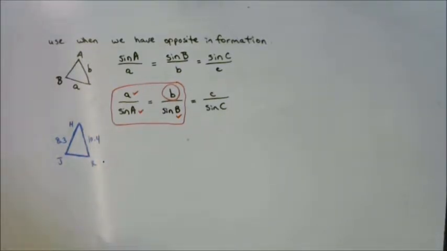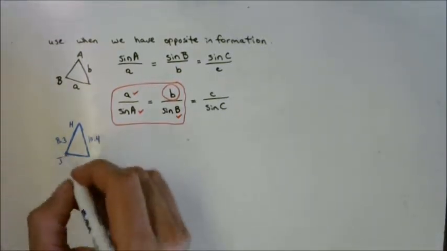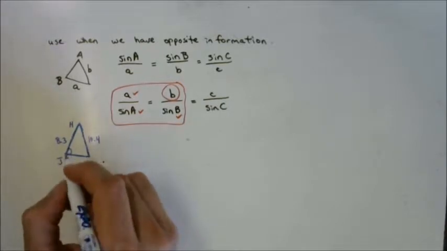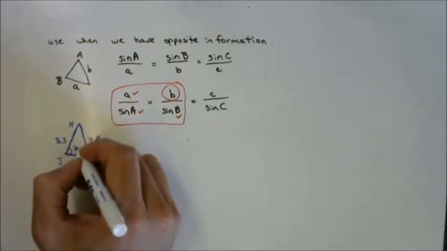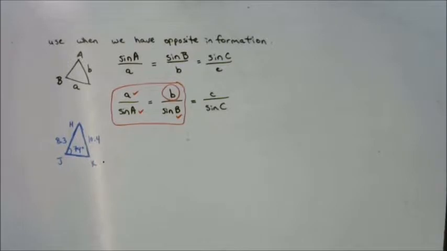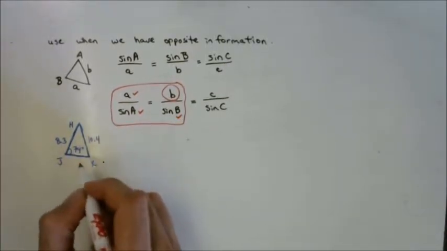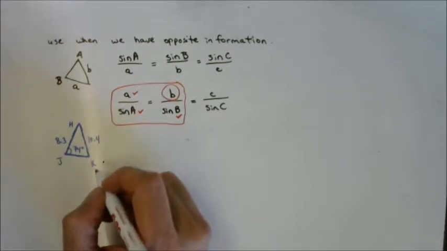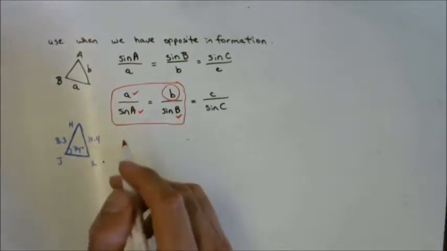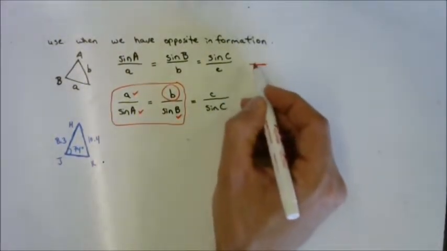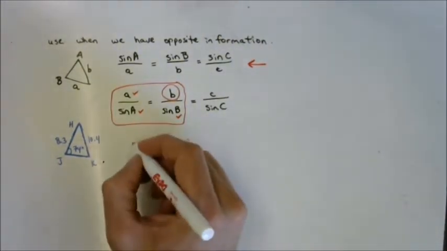And we need to calculate the measure of angle K, and we're given J is 74. So I know I can use sine law here because I have opposite information, right? I have the measure of angle J and I have the length of side J. I'm looking for the measure of an angle, so I'm going to use this form, and I'm just going to rewrite it first.